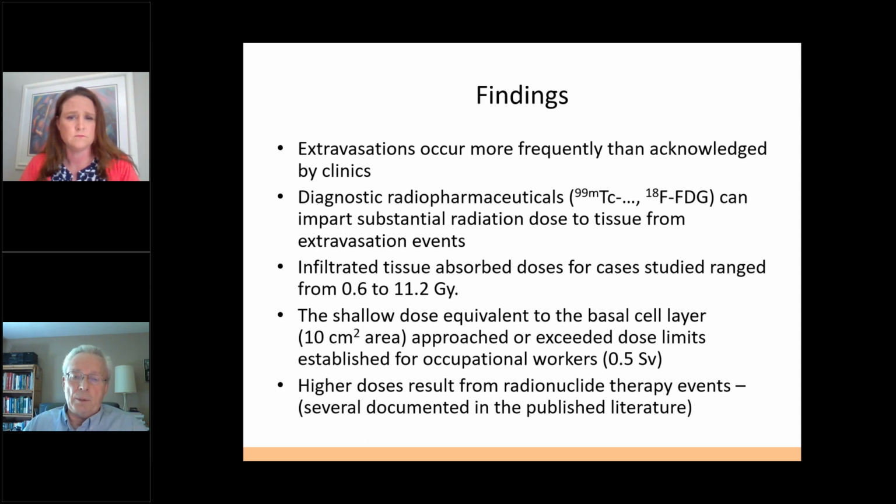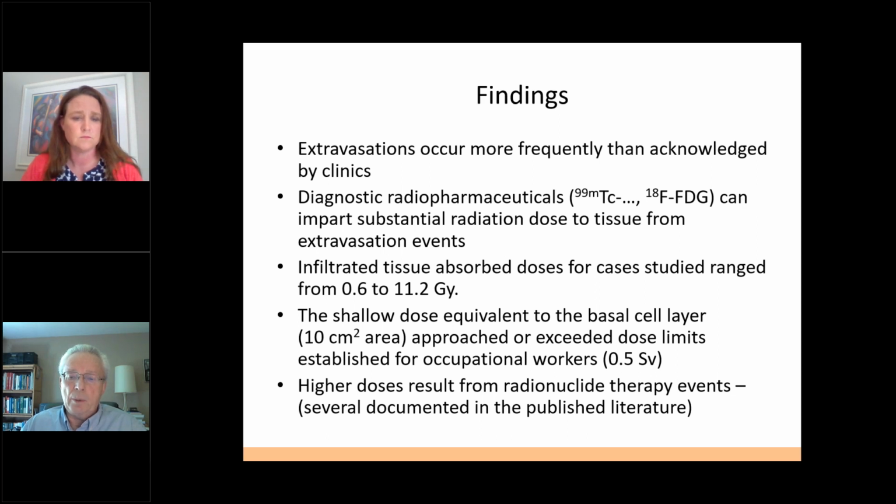Secondly, the diagnostic radiopharmaceuticals, those based on technetium-99m or fluorine-18, can also impart substantial radiation doses to tissue in the event of these cases. In the 26 cases that we studied, we found that the infiltrated tissue absorbed dose ranged from 0.6 to 11.2 gray. That might be compared to the typical limit expressed in the regulations of 0.5.